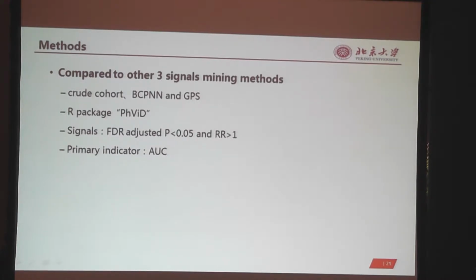In the results, with FDR, a p-value less than 0.05 and RR larger than 1 were considered as a signal. So we choose the AUC as the primary indicator, and we further test the statistical significance of the difference between the areas under the 2 curves with the method of DeLong.